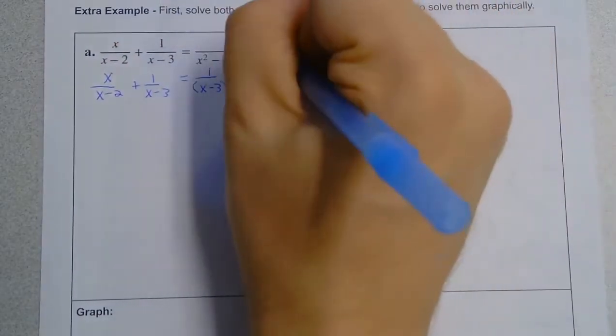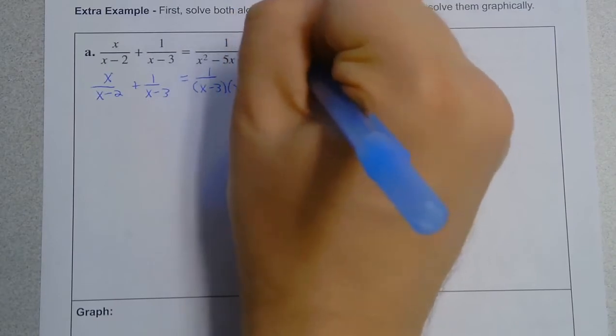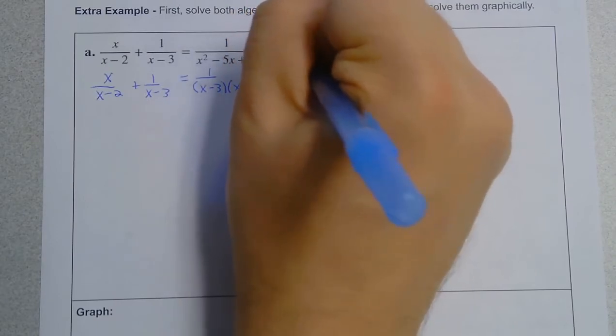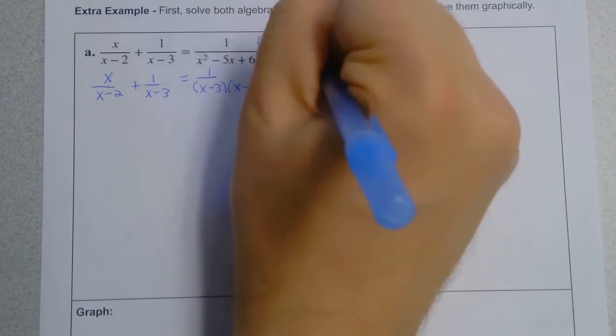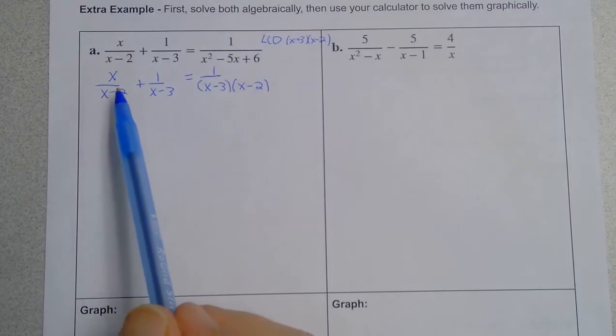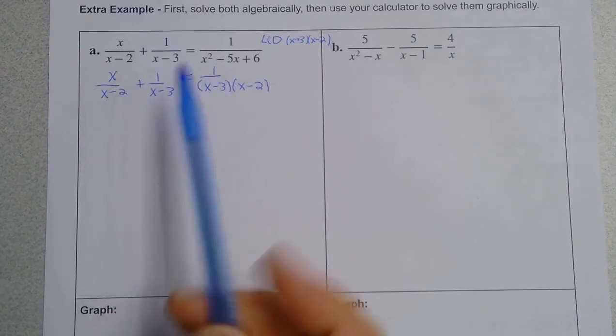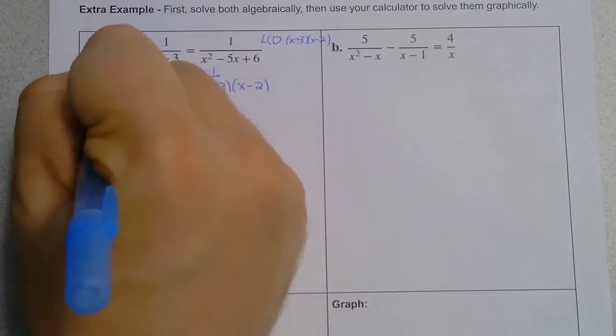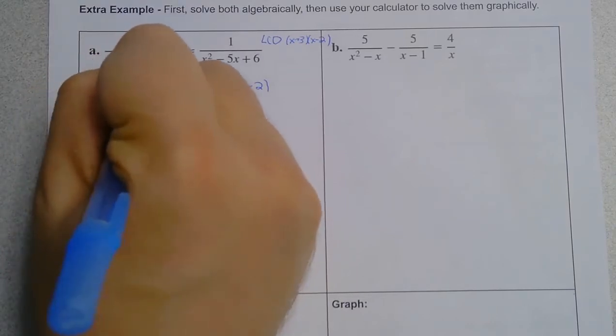So our least common denominator is x minus 3 times x minus 2. And then what I'm going to do is find a common denominator. So in this expression, I need to multiply the numerator and denominator times x minus 3.